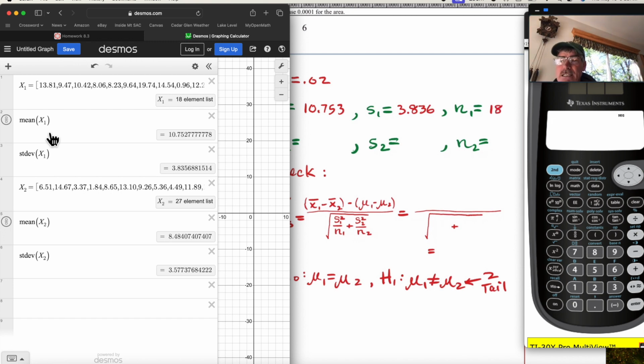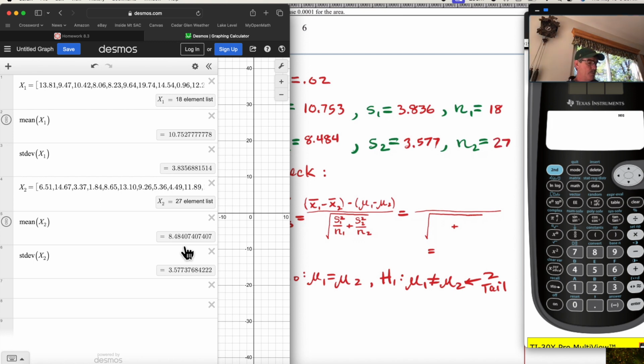Then for the second sample, the mean is 8.484, the second standard deviation is 3.577, and that sample size was 27.